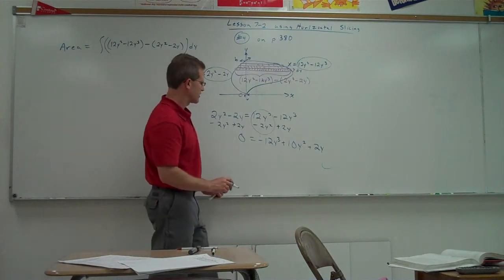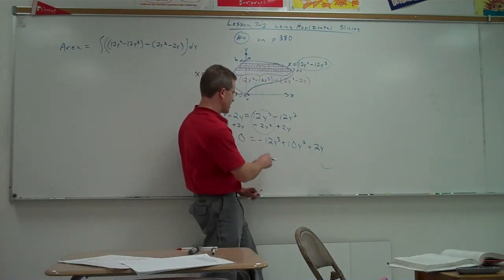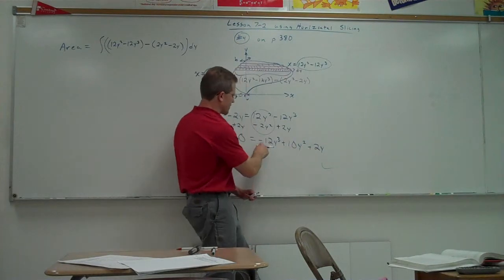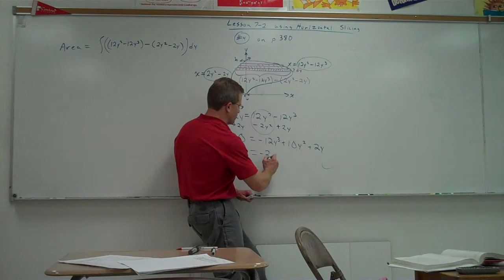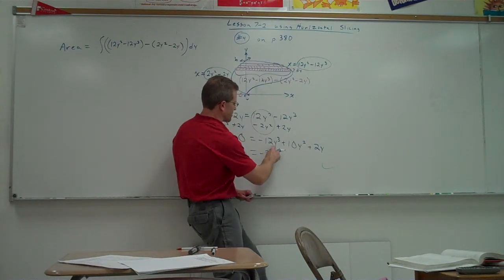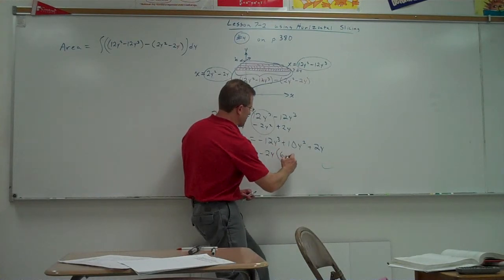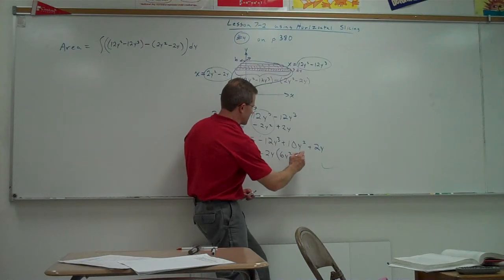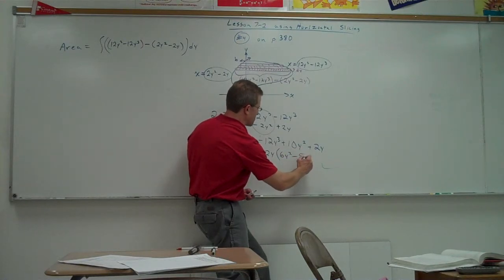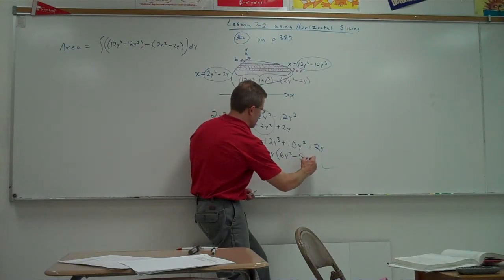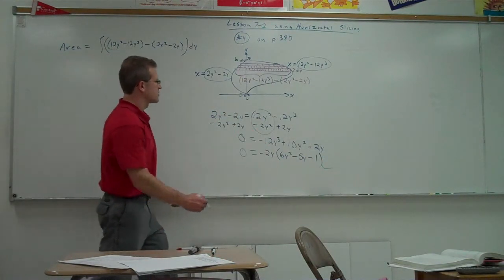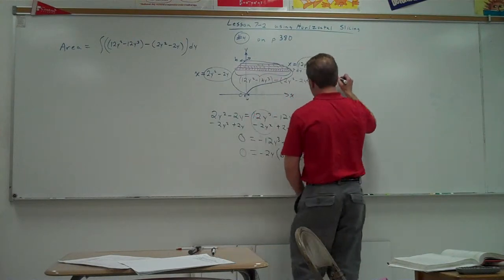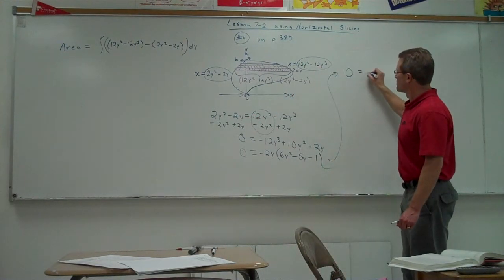All right, next, let's try to solve this. Let's factor negative 2y out of all three of these. I want to get rid of that negative in the front, that's the reason I'm factoring out the negative. Taking out negative 2y leaves you with 6y squared minus 5y minus 1. Let's bring this up where you can see a little bit better. 0 equals negative 2y times.